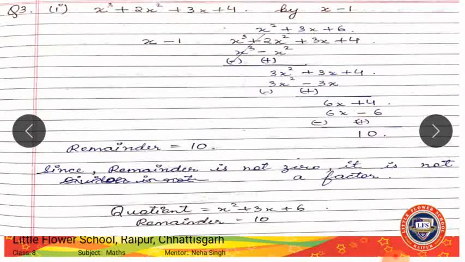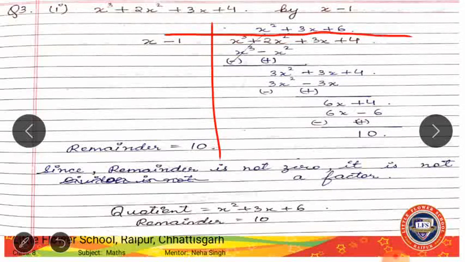First question, x cube, here now it is cube terms, right? x cube plus 2x square plus 3x plus 4, and you have to divide it by x minus 1. So we will divide the numbers here. So now x minus 1, what first we'll do?